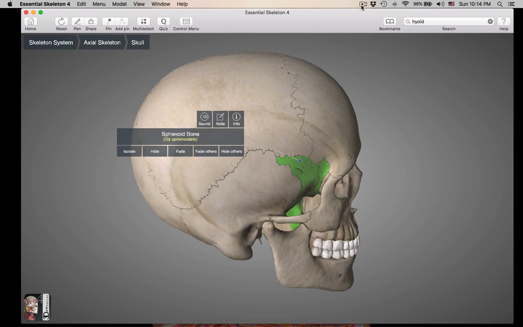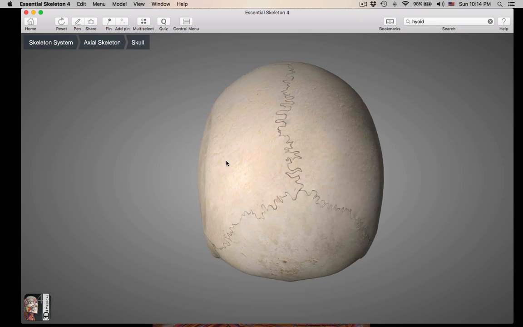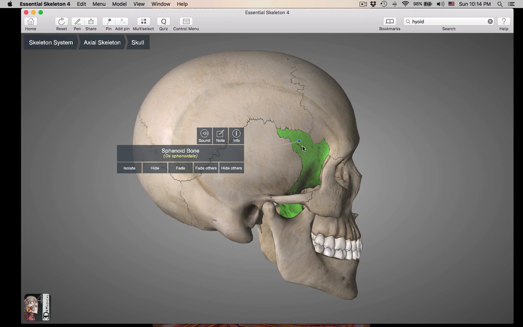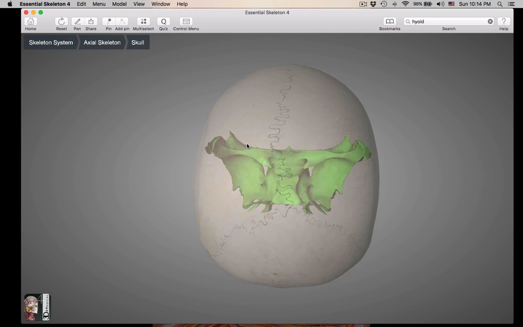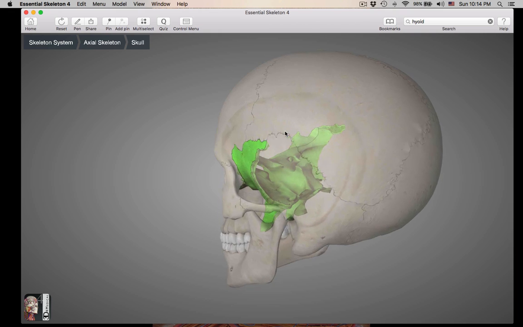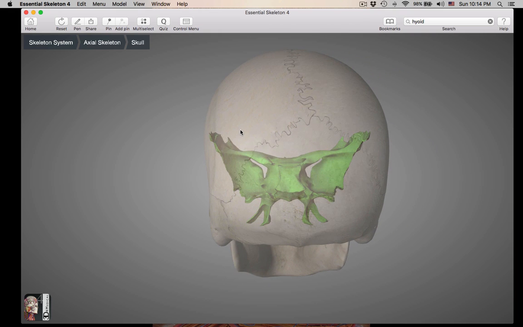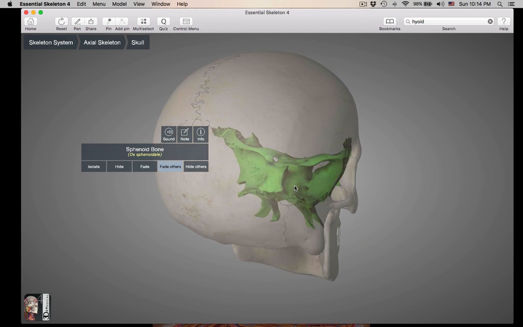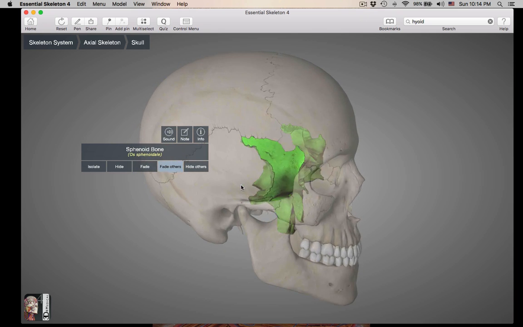I just want to show you one more view of the sphenoid. So actually we're going to fade the others so you can see how it fits in the skull. This is a pretty good view of how it fits in the skull, all the way around.